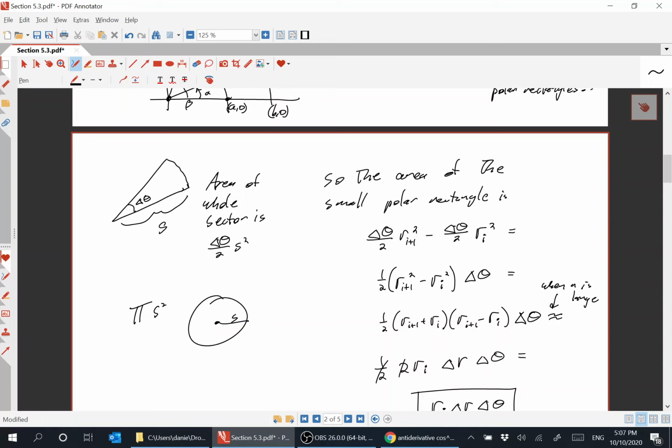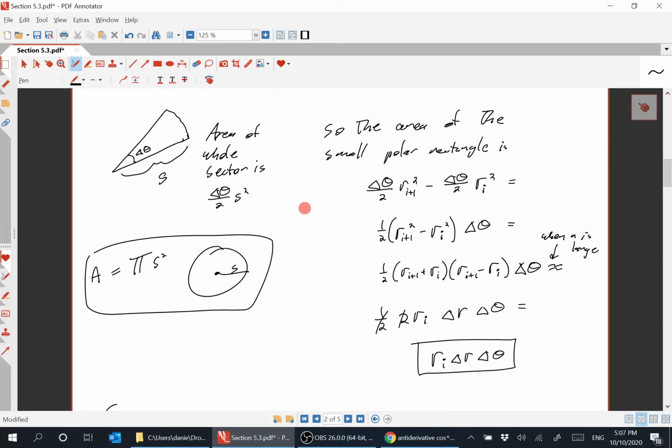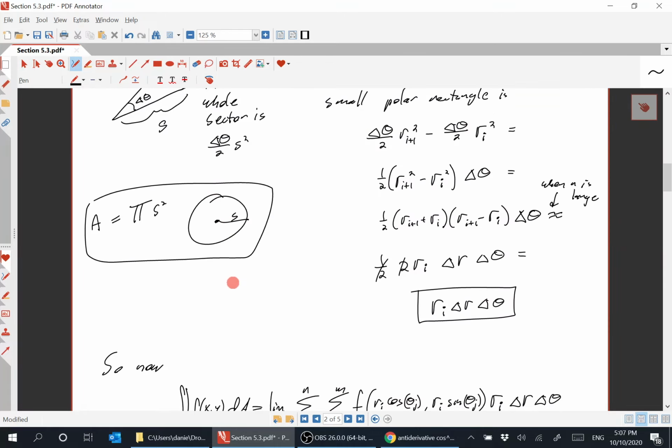You know it by a trig substitution. The first proof you would have seen of this area formula used the trig substitution from Calc 2. There are other ways to do it, but this is the most straightforward one to actually prove that the area of a circle is pi times r squared.